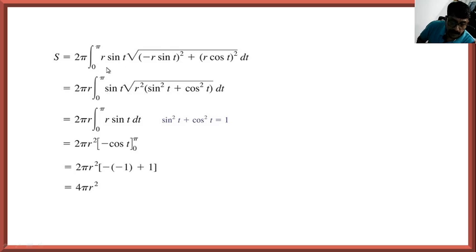Then 2 pi r is constant, since we are integrating with respect to t. So 2 pi r integral 0 to pi sin t into root of r square (sin square t plus cos square t). R square you can take outside, so 2 pi r square, and this is 1, sin t. The integral of sin t is minus cos t between 0 and pi. So you get 4 pi r square. You know the surface area of a sphere of radius r is 4 pi r square.